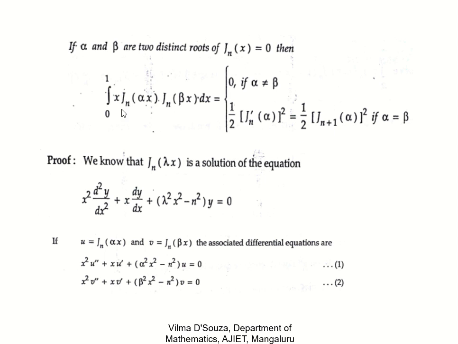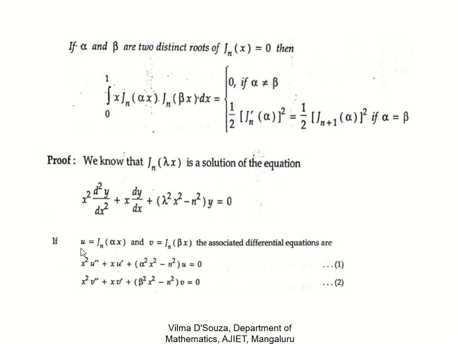Now we shall prove this orthogonal property of Bessel function. We know that Jn of lambda x is a solution of the equation x square d square y by dx square plus x dy by dx plus lambda square x square minus n square of y is equal to 0.